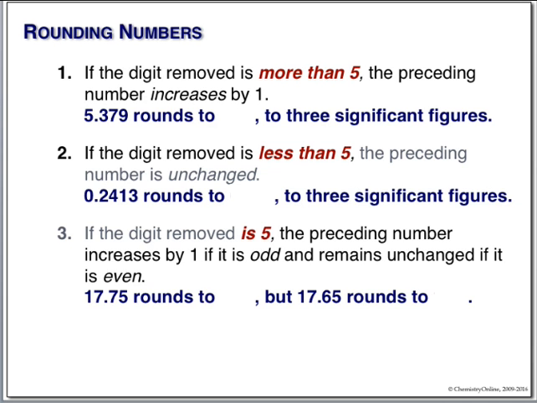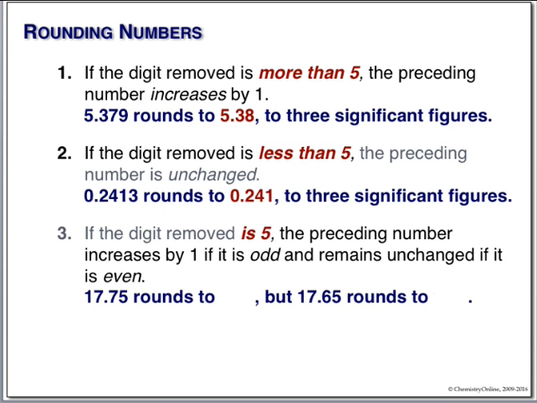If the digit removed is more than 5, the preceding digit is increased by 1. So 378 rounds to 379, 538 rounds to 539. If the digit we remove is less than 5, it disappears, and that goes to 241.